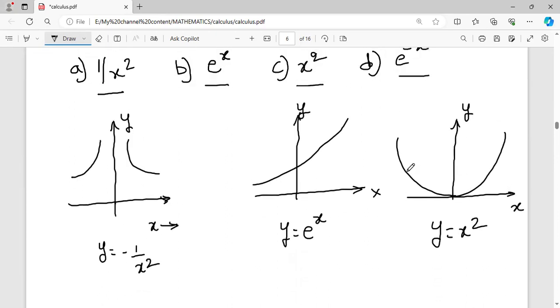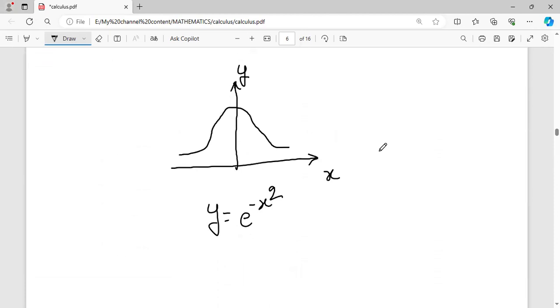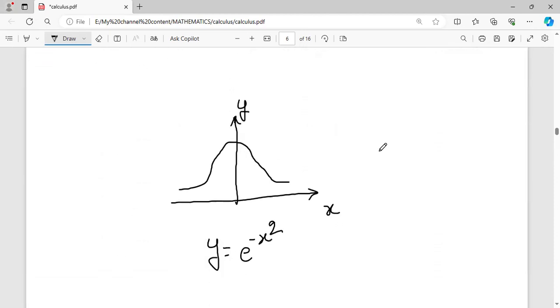The graphs are these: y equal to minus 1 by x square is this one, y equal to e power minus x, y equal to x square, and y equal to minus x square. Based on the graph, the strictly bounded function is y equal to e power minus x square.